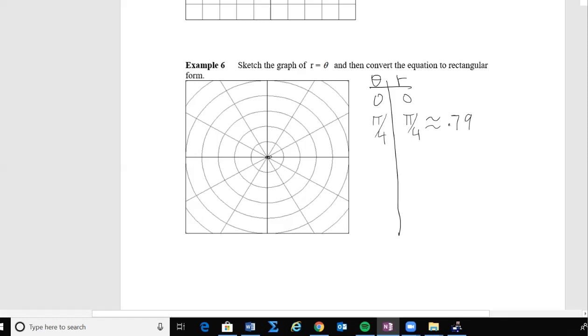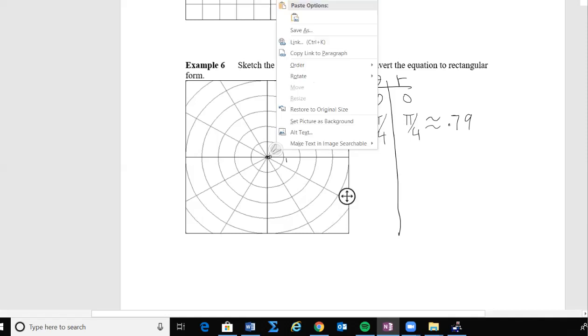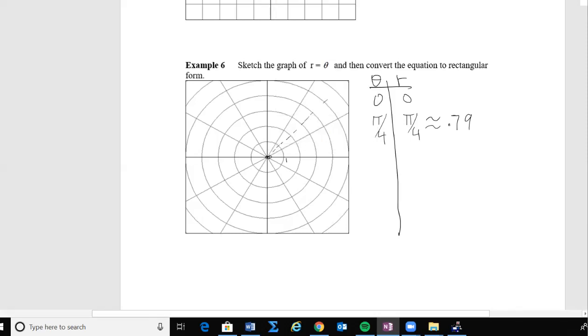So along this ray, this way, that's the pi over 4 ray, you come out about 0.79. So if this is a 1 along here, then it would be about here. Okay, so right there. Now I missed a whole bunch of angles inside here, but I think we'll be able to see the net effect if I continue on here.